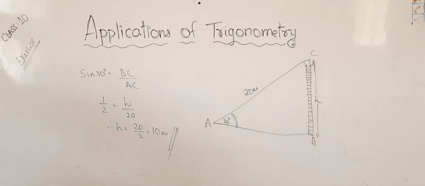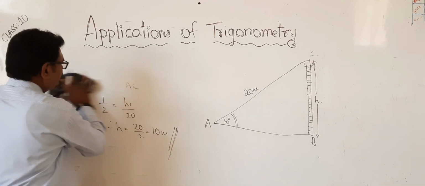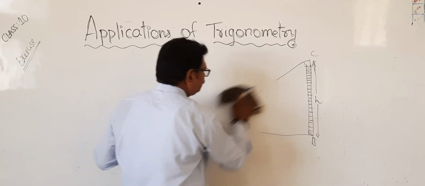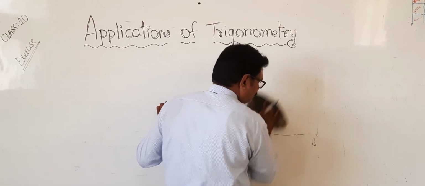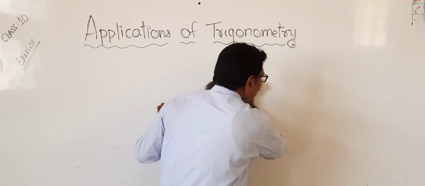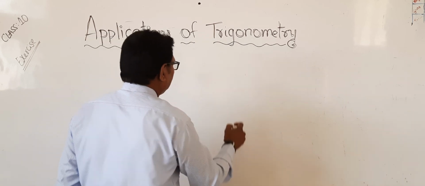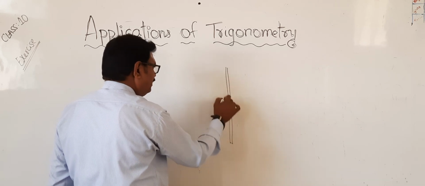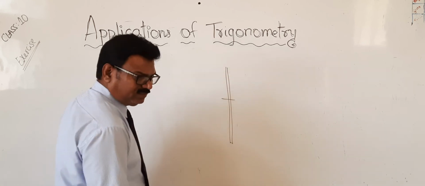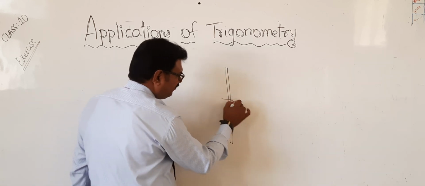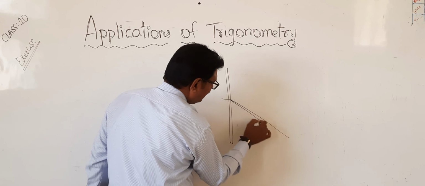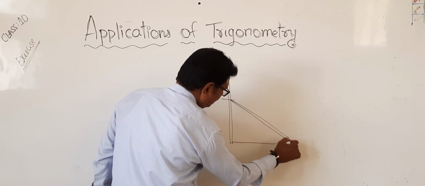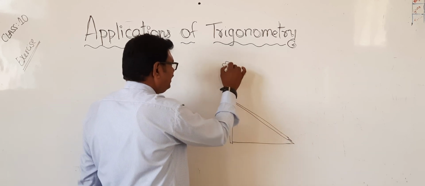Okay. Next problem. Here one tree is there. It was cut and it fell down to the ground like this. This is the tree cut.